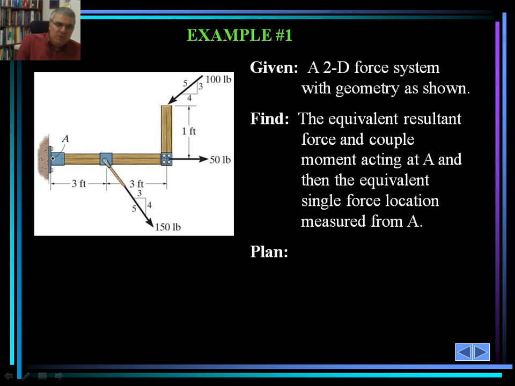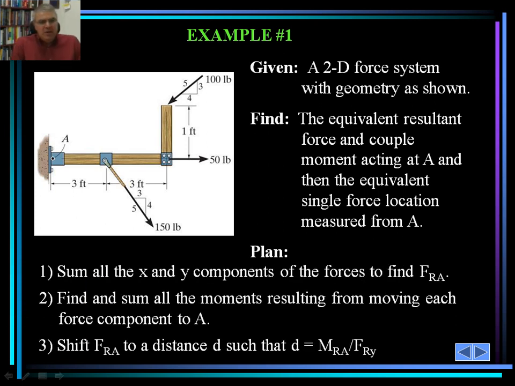Okay, so let's try to see what plan we should develop here. We would sum all the X and Y components of the forces to find F sub RA. We call it F sub RA because that's the reaction force at A. These discussions eventually lead us to have a good understanding of how we can calculate the reactions and how we can actually replace a more complicated system with a much simpler system for simplification purposes and to reduce the computational costs.